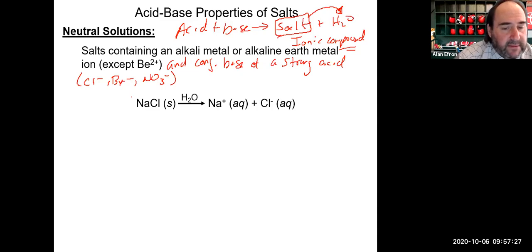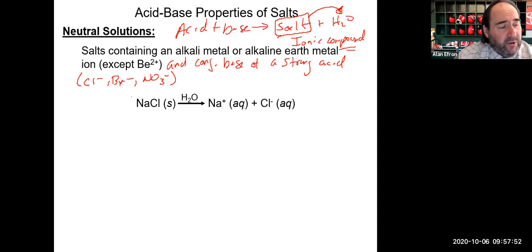So if we have a salt that contains something from group 1 or group 2 on the periodic table, if you remember, group 1 and group 2 is where a lot of our strong bases come from. Things like sodium hydroxide, potassium hydroxide, calcium hydroxide, strontium hydroxide, all those guys. So group 1 and group 2 is really a basic area on the periodic table.